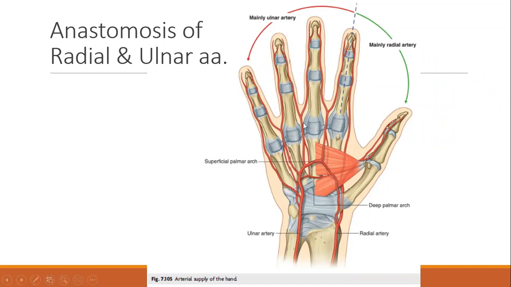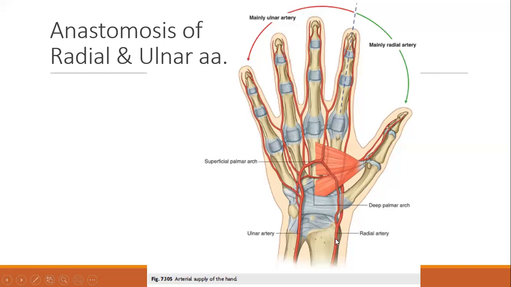In the way that Gray's describes it, they talk about how the blood supply in this area is mainly from radial and the blood supply in this area is mainly from ulnar, but these are two anastomoses between the two arteries. Things of note in the radial area are your princeps pollicis artery, which is a branch off of radial.